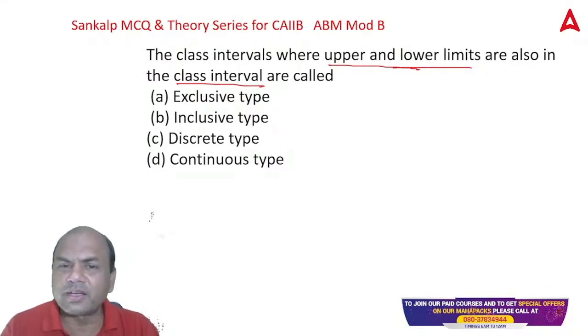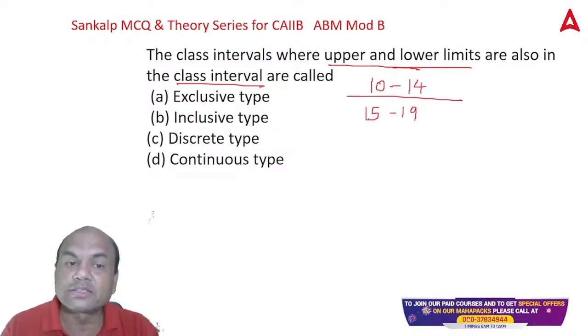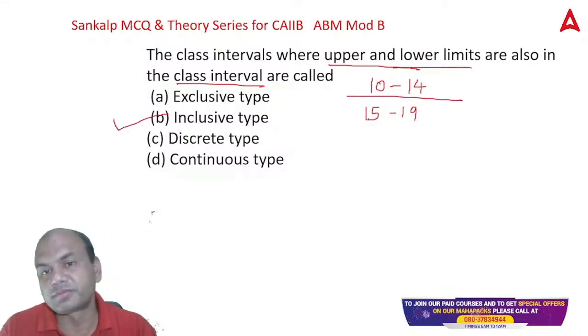Just now I told you, 10 to 14, 15 to 19: if I get 14, it will be in this class. So this is known as inclusive.